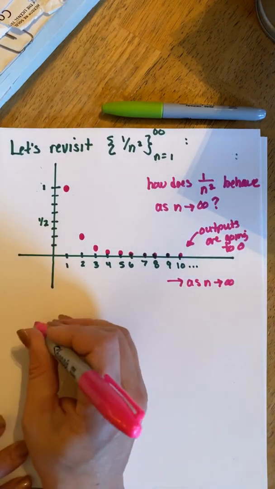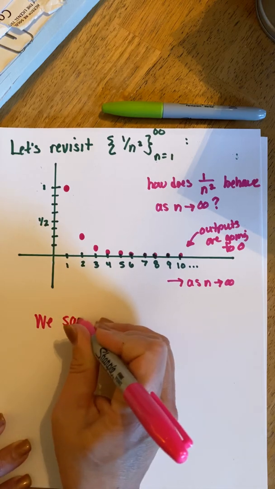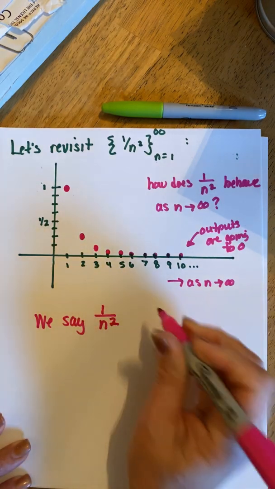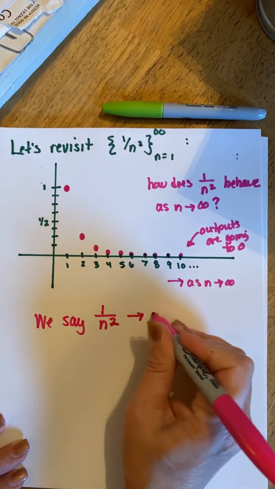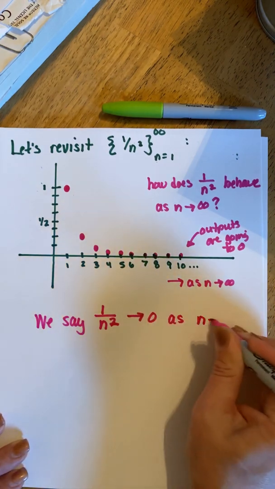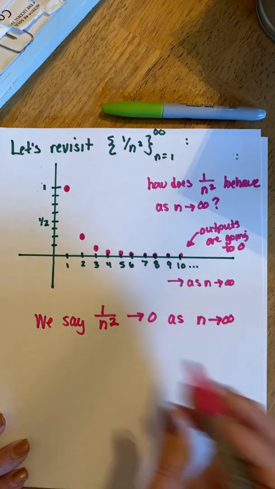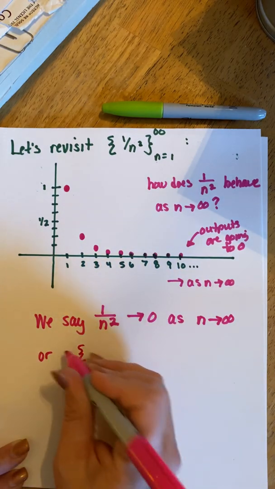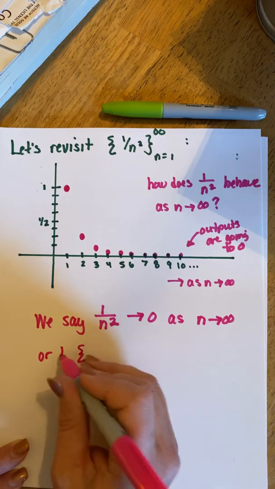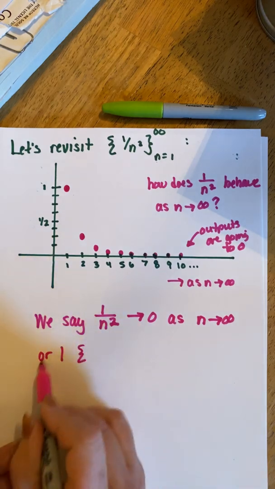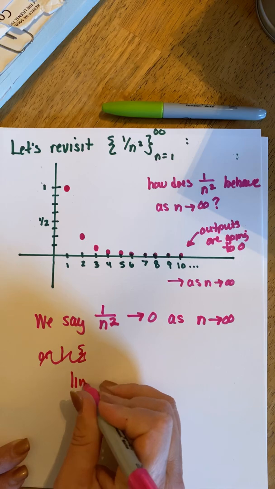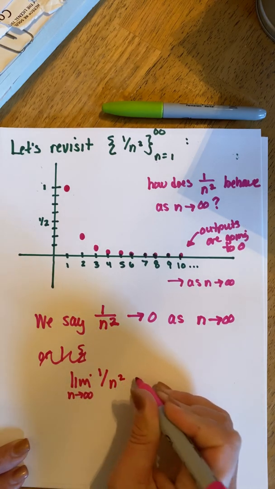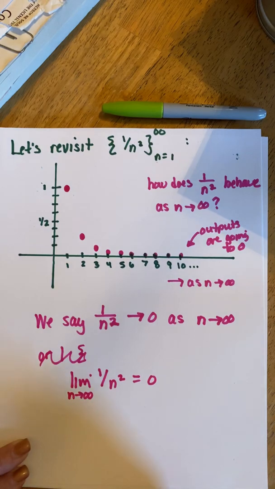So we say 1 over n squared goes to 0 as n goes to infinity. Or we can say, we're going to say the limit as n goes to infinity of 1 over n squared equals 0.